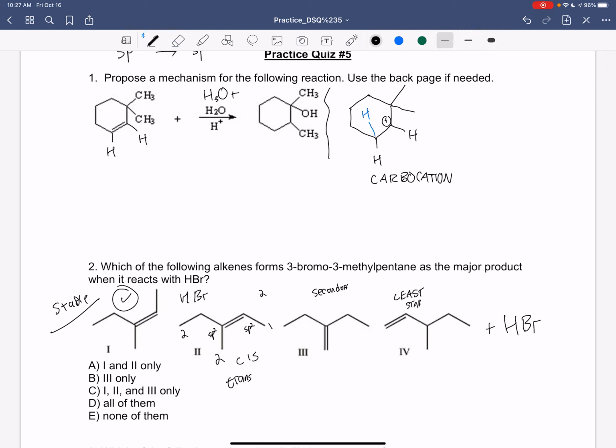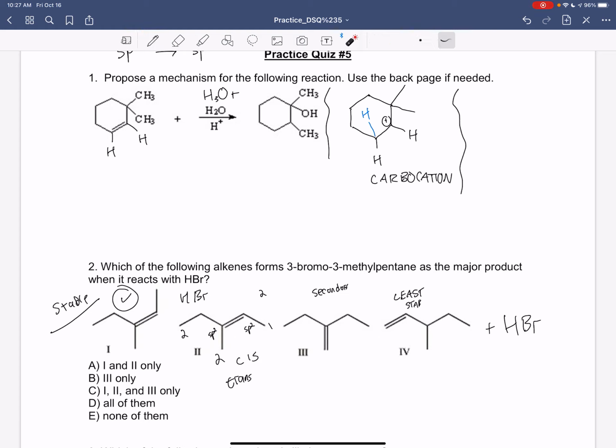And it can, because this was a better option to put a positive charge on than this. But an even better option for that positive charge would be up here, because this is attached to 4 things. This is an sp3, and this is only an sp2. So what's going to happen is what's called a methyl shift.